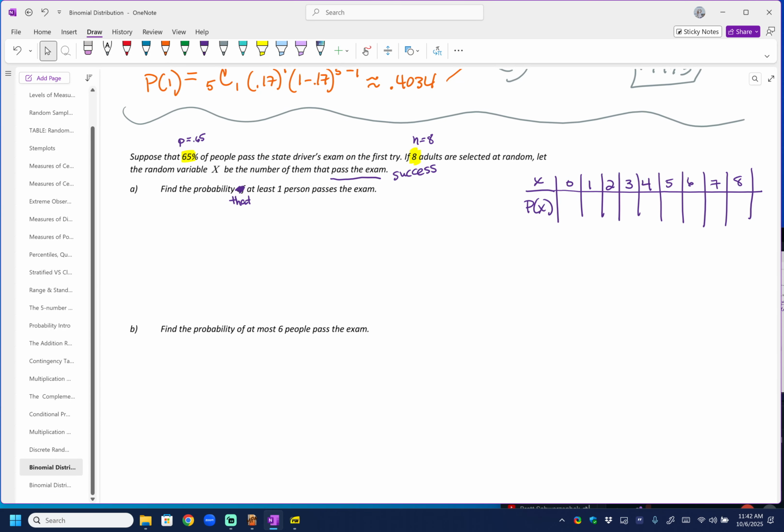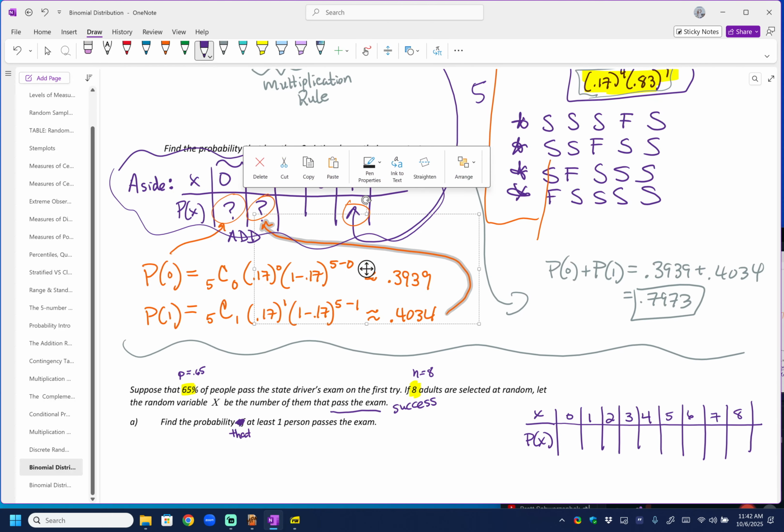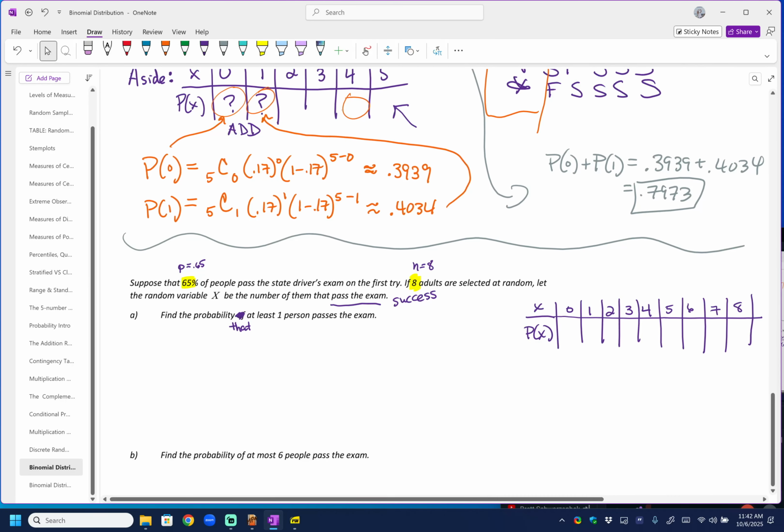Similar to what I did in the previous problem where I created this nice chart in order to show what the discrete probability distribution would look like, I did the same over on the right of this problem. If we have this time 8 adults selected at random, then the number of adults that could pass the exam would be anywhere from none of them to all 8 of them.